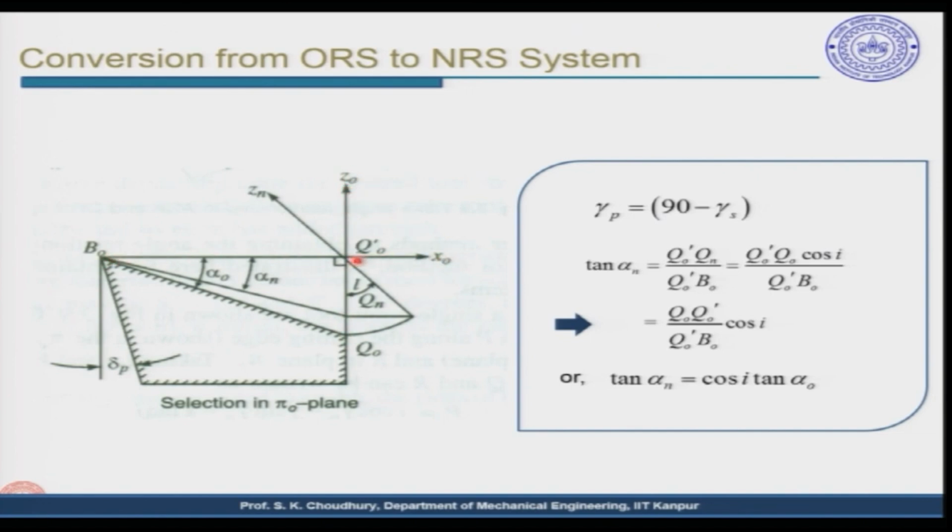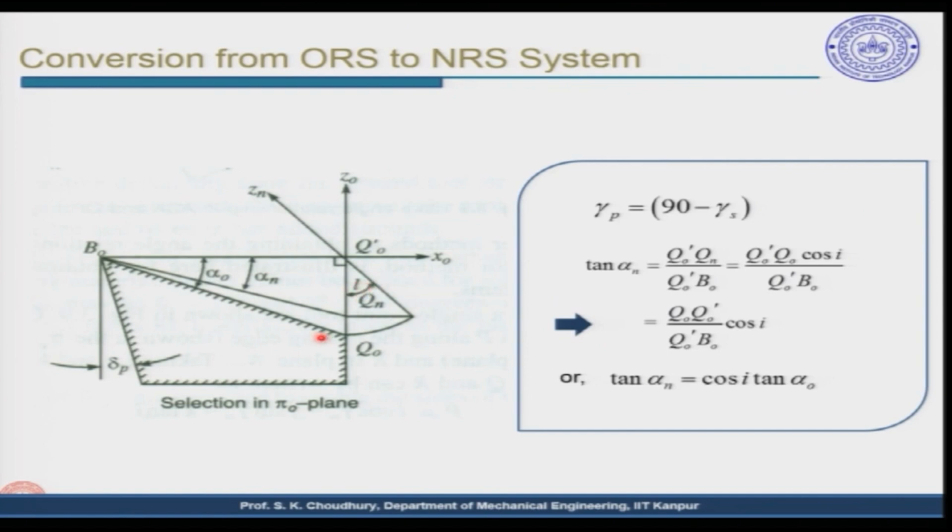With respect to this system of axes, we are inclining Z0 at an angle of I and getting an axis which is Zn. So Zn pertains to the normal rake system, because it is inclined to the ORS by an angle of I, that is, the tool is inclined.